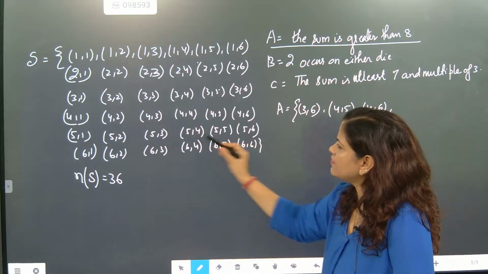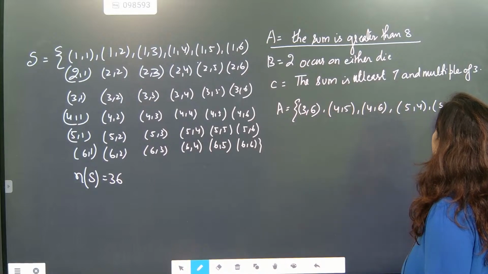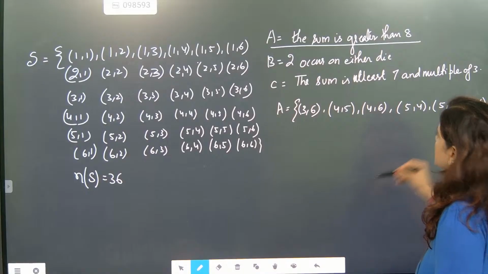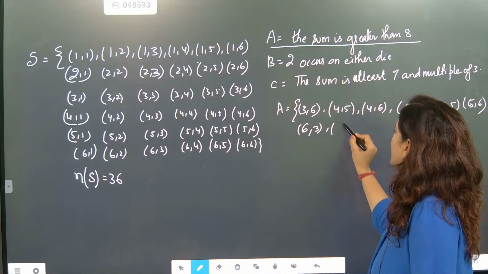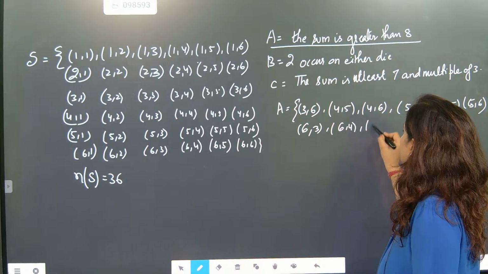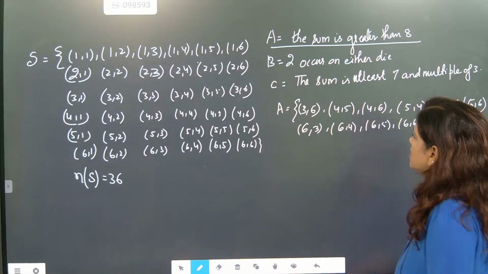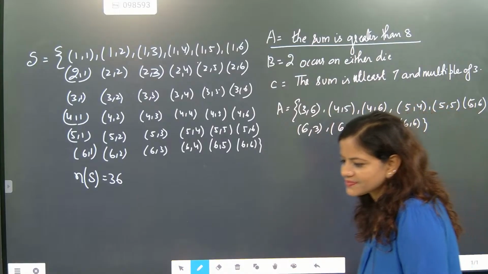Next is (5,4), (5,5) and (5,6). And next is (6,3), (6,4), (6,5) and (6,6). So this is A. Now we have to find the next one.